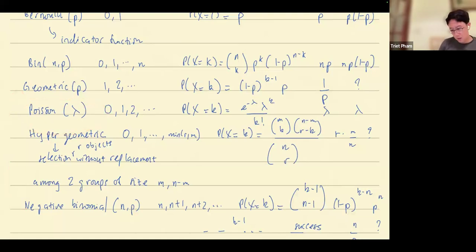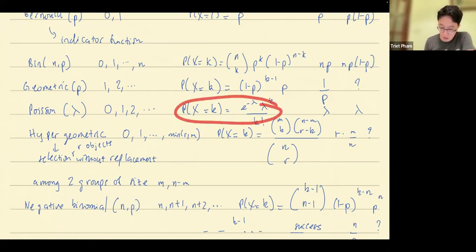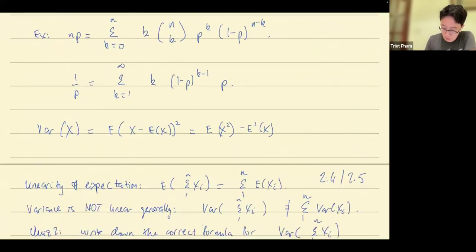Poisson has some connection with the exponential, but that connection is a little bit advanced. We'll talk about it when the time comes. But for now, the Poisson has a connection with the binomial as a limiting distribution, which explains why Poisson is used as a model for rare events.